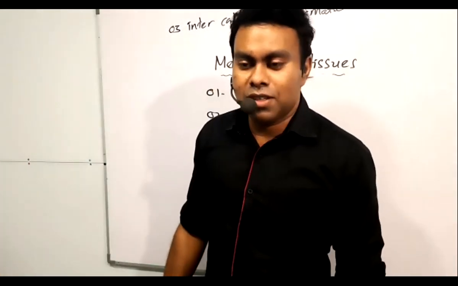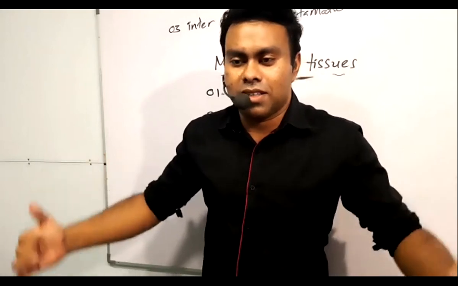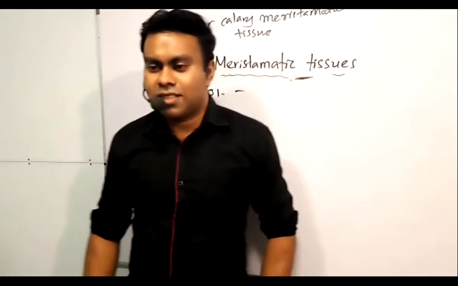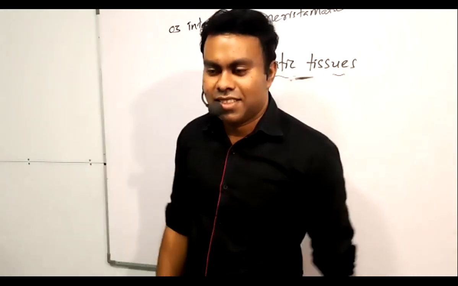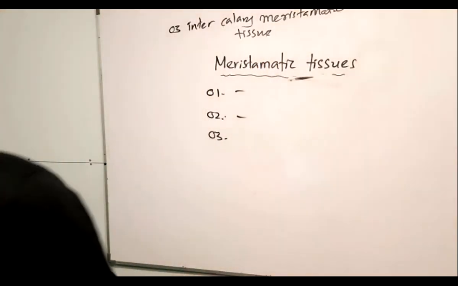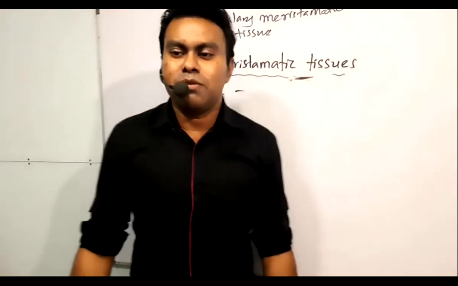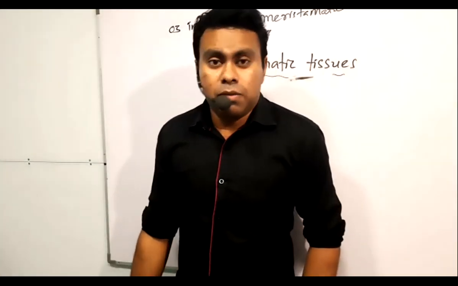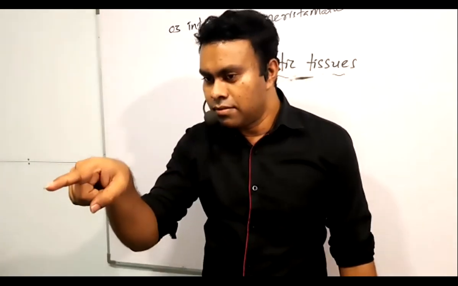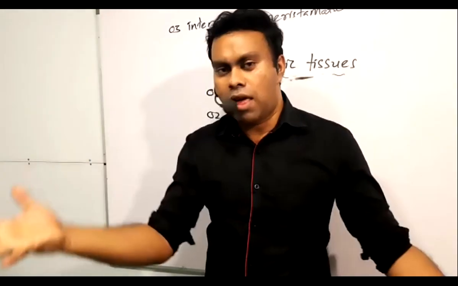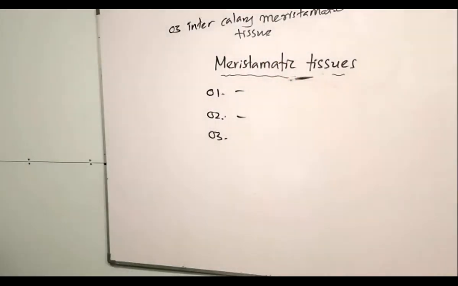Vascular cambium represents the lateral meristematic tissue. Okay, next, there's another type. What's that? Good, intercalary meristematic tissue. Tell me one example for a plant that has intercalary meristematic tissue. Bamboo. Okay, good.